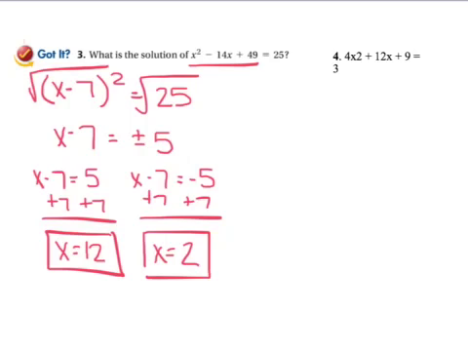X is 12 or x is 2. Number 4, go ahead and work through on your own. You're not going to get nice answers like 12 and 2. You are going to get some square roots and some fractions, but go ahead and try working through number 4 on your own.